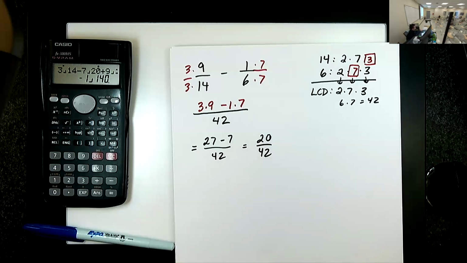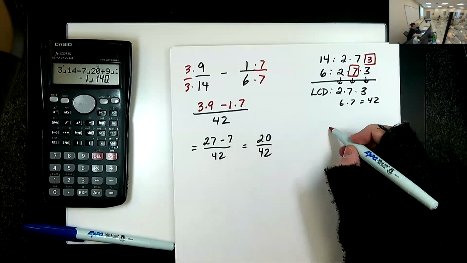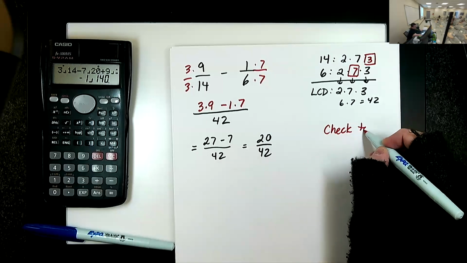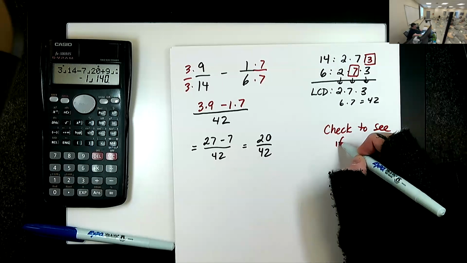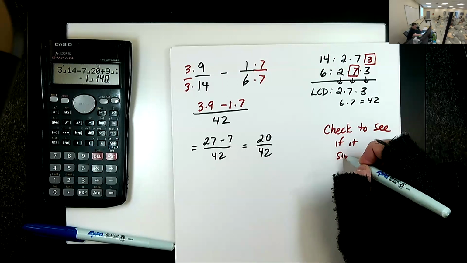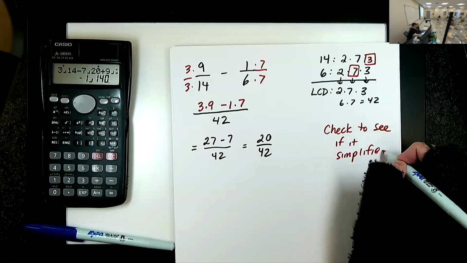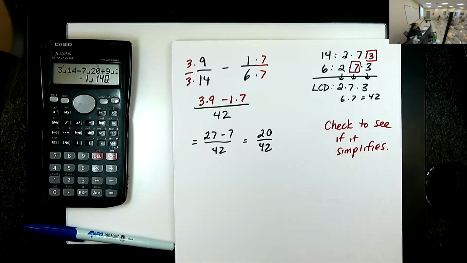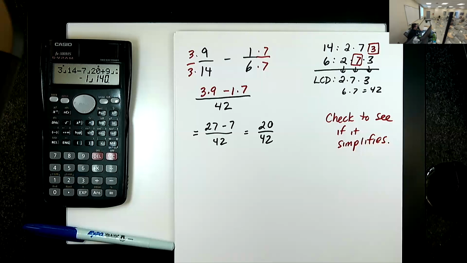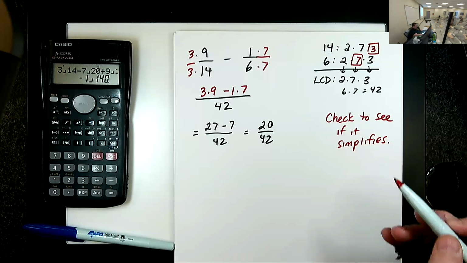You now want to check to see if it simplifies. And this is where we factored the top and the bottom and we canceled out anything that appeared on both sides. But we've got the table here, and the table speeds this up quite a bit.